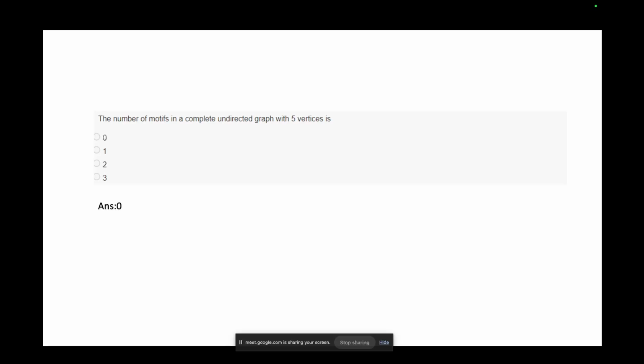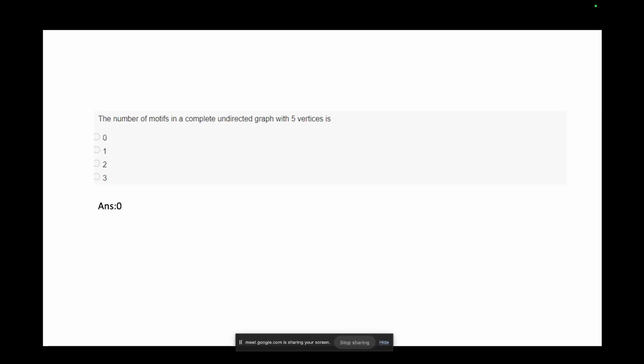The logic being used here is that your whole graph is connected. There is no concept of a motif in a fully connected graph. The concept of a motif only comes when there is a subgraph inside the graph which is more connected than the rest of the graph. That is the concept of a motif. So from that concept, the answer will be zero.